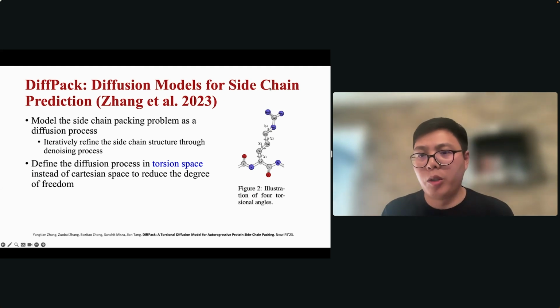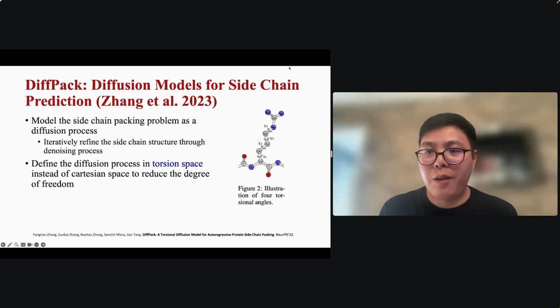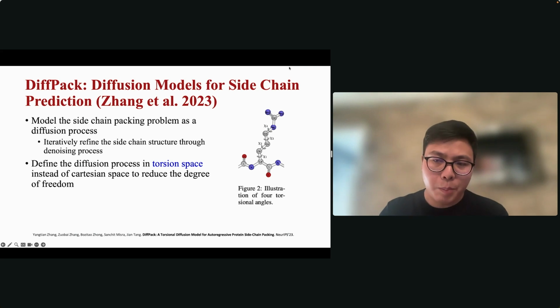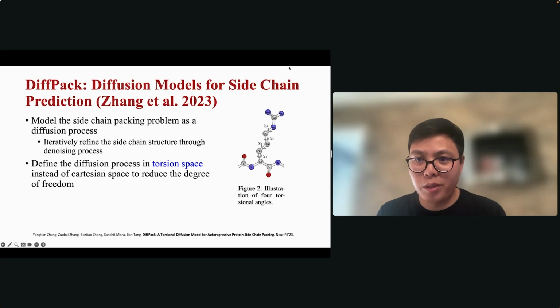So you all probably know models like AlphaFold2 or ESMFold, right? But remember that AlphaFold2 and ESMFold mainly work on predicting the backbone structures of proteins, right? So actually, the side chains predicted by AlphaFold2 and ESMFold are not accurate.